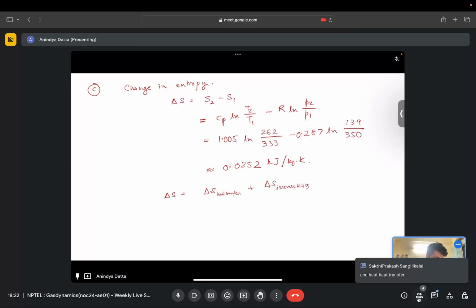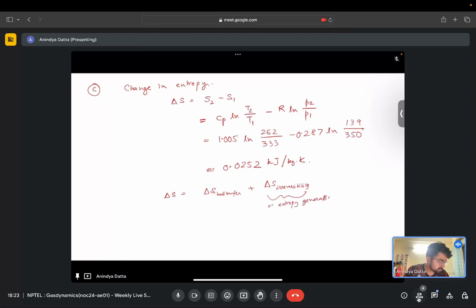The first term is basically the heat transfer rate divided by the temperature at which the heat transfer occurs. The first part is reversible, and the second part comes due to the irreversibilities, or what we call the entropy generation term, because of the irreversibilities or losses in the system.